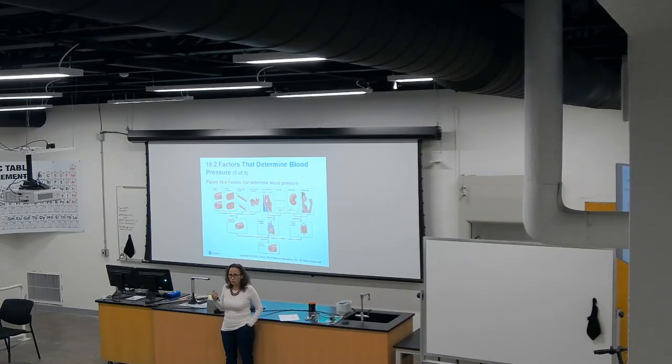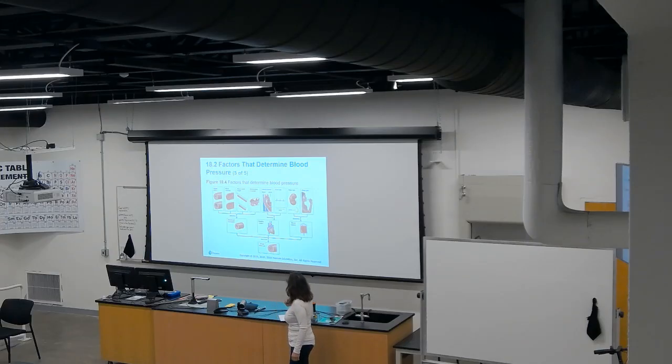If you have normal volume and you increase your heart rate, like if you are doing exercise, you will have increased cardiac output. And then blood volume, the amount of blood that your heart pumps per minute, and your peripheral resistance tells whether you have a normal blood pressure or not.